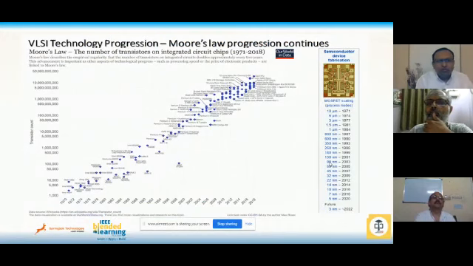I'm sure a lot of you have heard about Moore's Law. Moore's Law was proposed by a person by the name Gordon Moore, who was a co-founder of Intel Corporation way back in the 70s, right? And what he said is even true today. The theory is the number of transistors on an integrated circuit doubles every 24 months, or 2 years.